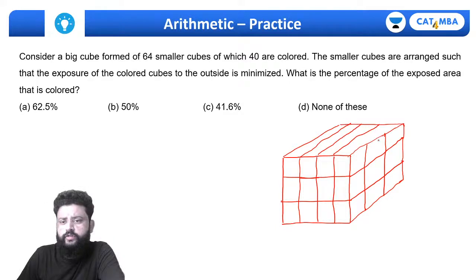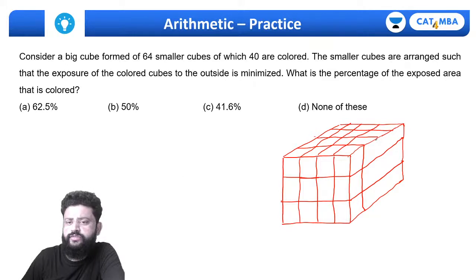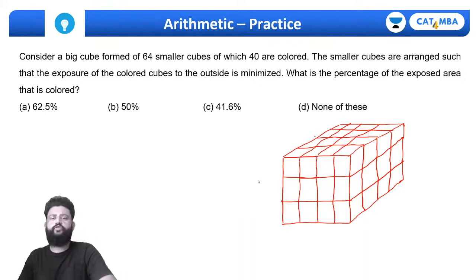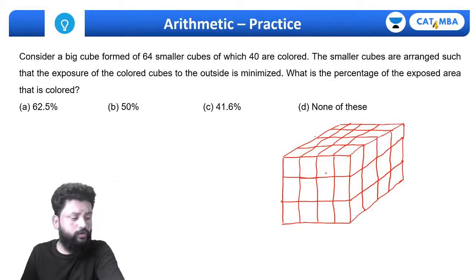Just a minute. So it will look like this. It's 4 by 4. You can have a rough diagram like this to understand the question. So this is 4 by 4 by 4, there will be a total of 64 small cubes here.